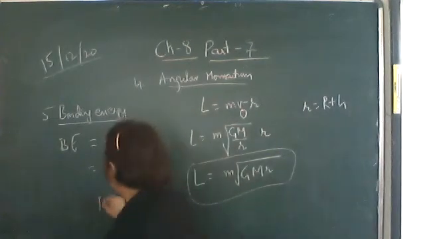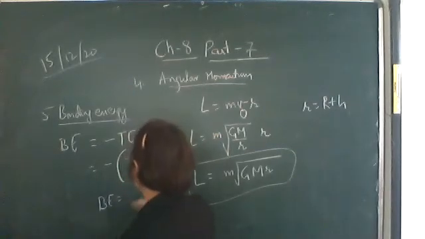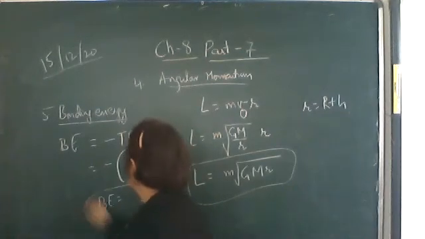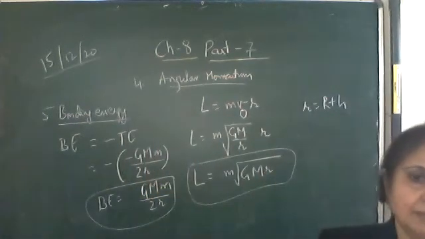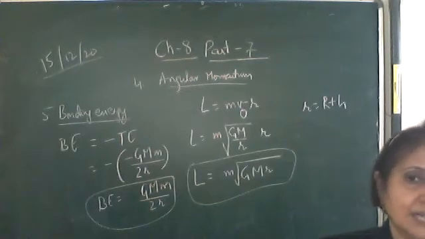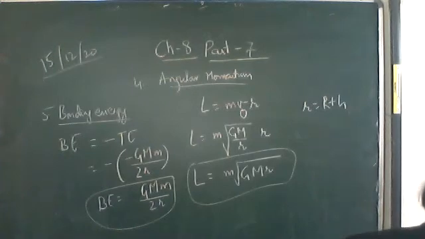So the binding energy will be minus into minus, it becomes plus, GMm upon 2R, is the expression for the binding energy. So the binding energy is the energy required to remove the satellite from its orbit. That we call the binding energy.